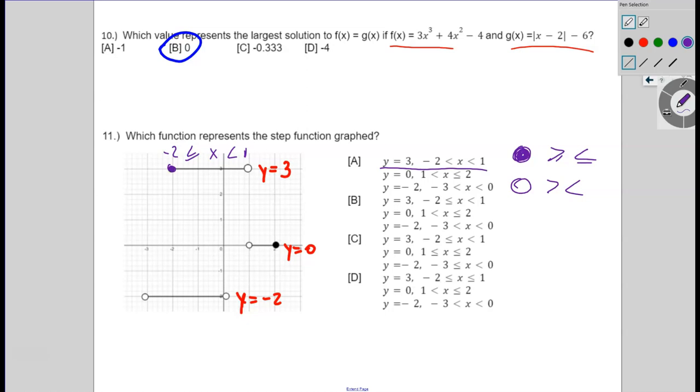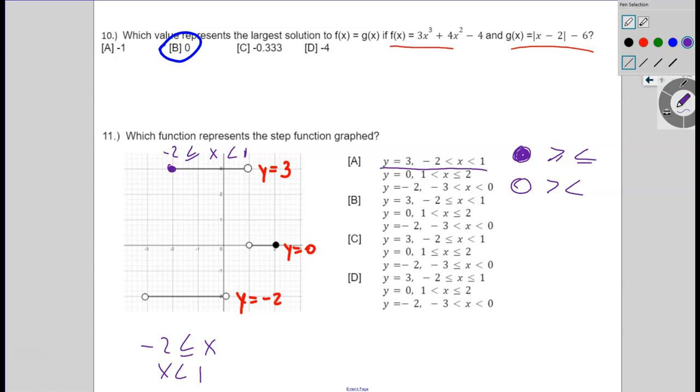If you break this down, because I had this issue with my students when doing practice, if we write this down, -2 is less than or equal to x, it's less than 1. Now if I break this down and cover it up, let's just say erase this, I only get -2 is less than or equal to x, and then take the second part of this and do x is less than 1.